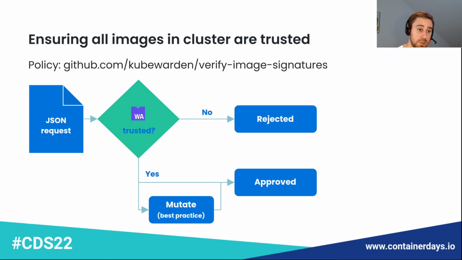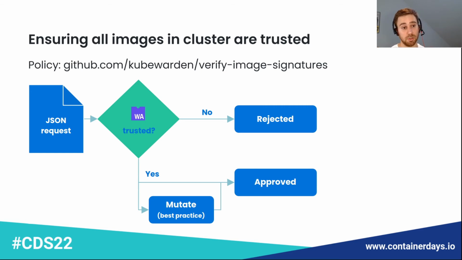So how does this policy work? Let's say that a user now wants to instantiate a pod. A pod can have in the spec containers, init containers or ephemeral containers. So this policy checks for those and checks if those container images that are listed there with the tag have signatures associated to that tag.